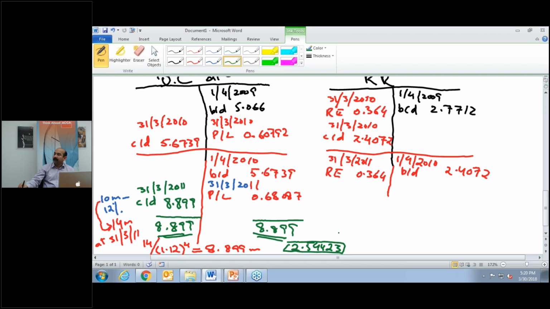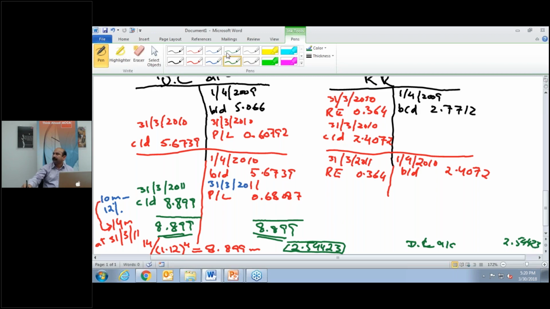See here, decommissioning liability is increasing. So decommissioning liability, of course, will be credited with this amount. So I can make this entry over here, decommissioning liability account, 2.54423.